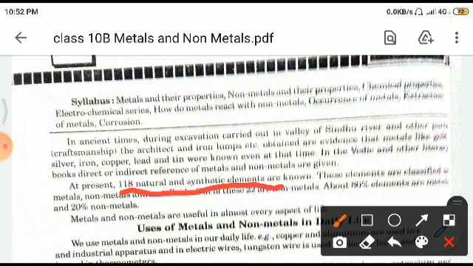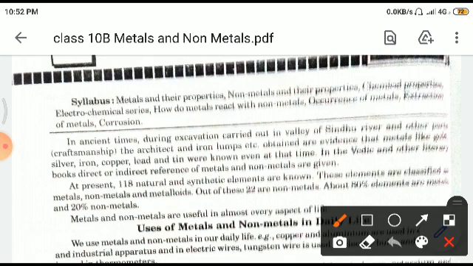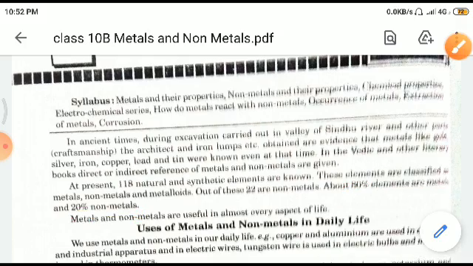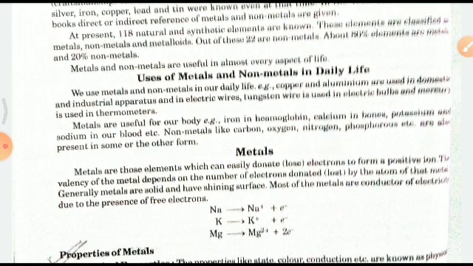How many? 118. These elements have been classified into metals and non-metals. Out of these, 80% elements are metals and 20% are non-metals.